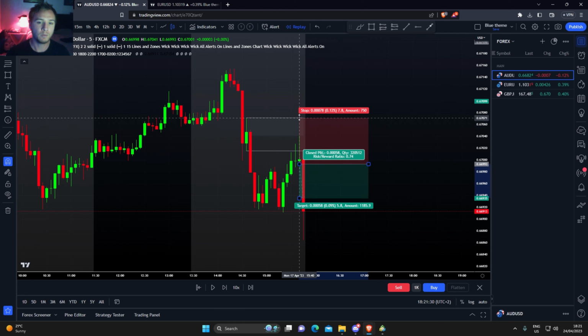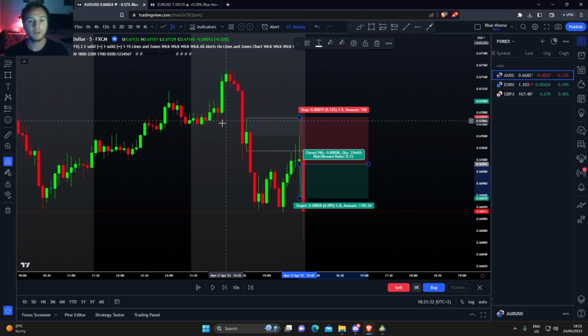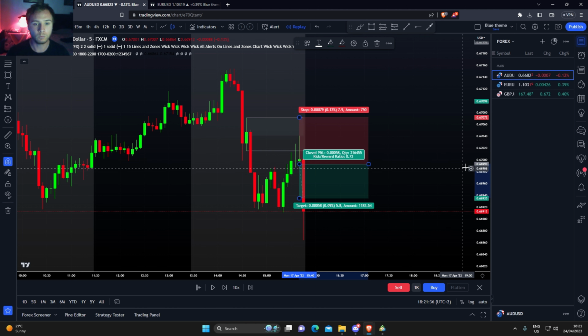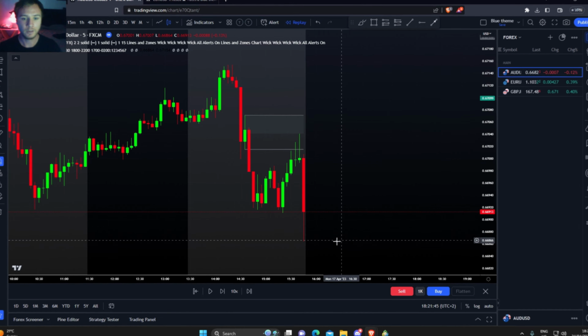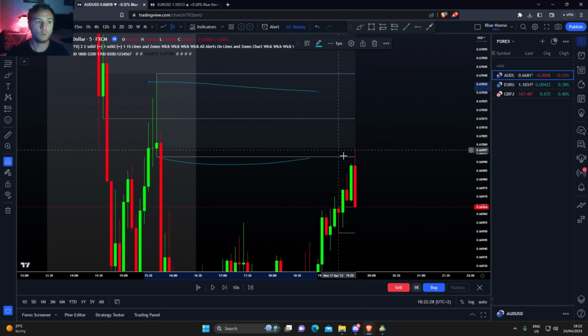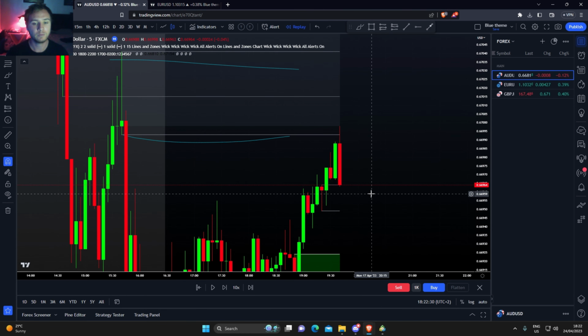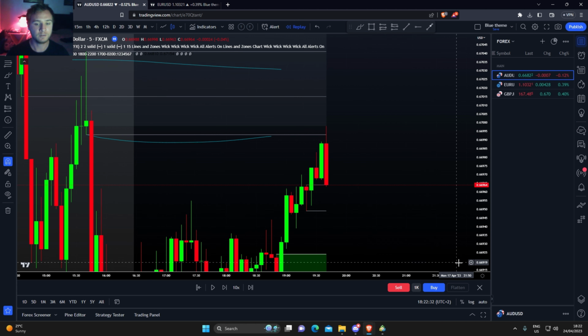Stop above. See, it even draws out, because we use the high of the area as our stop loss. It still coincides. Now, what I want to show you, as you can see here, 1-to-1, got hit exactly.